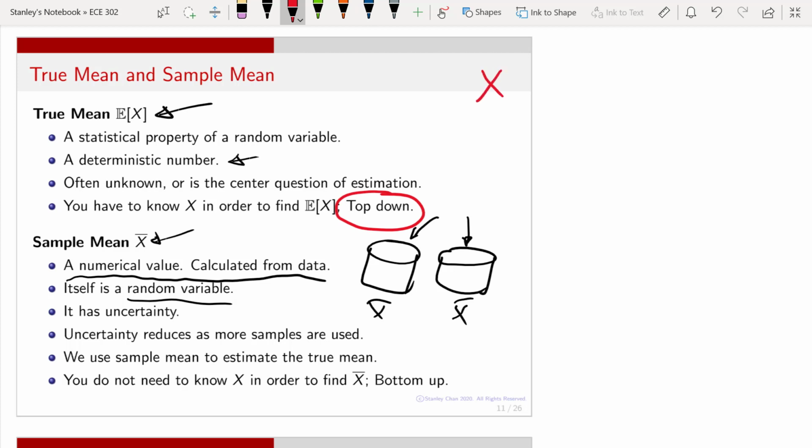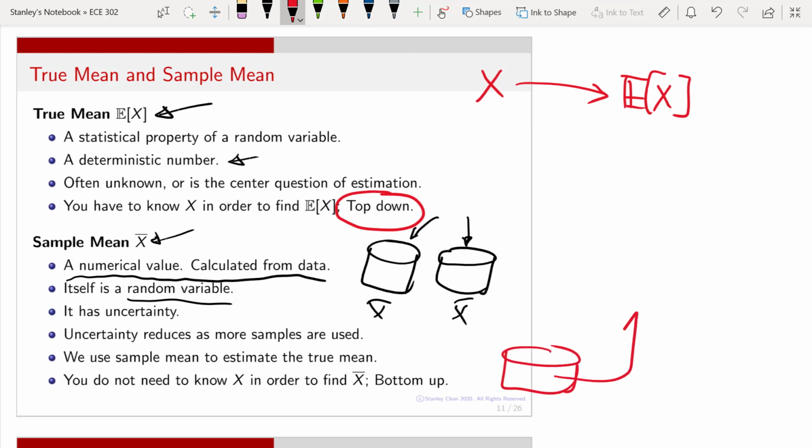You start with a random variable, and then you calculate the expectation. Now, here it is a different thing. The sample mean is that you start with a data set, and you go back and ask what is the empirical average. These two are not the same. This number will converge to the expectation as the number of samples goes to infinity. So we will study this link later on in our course.